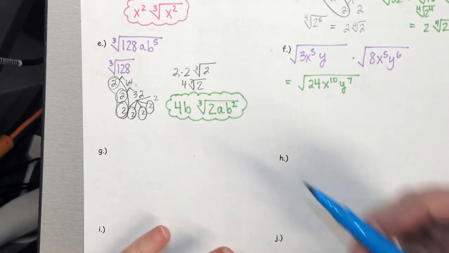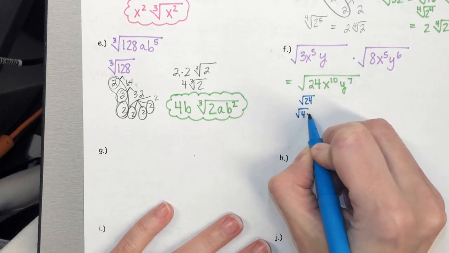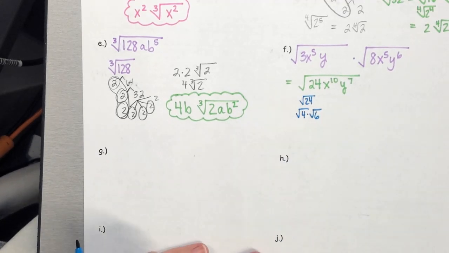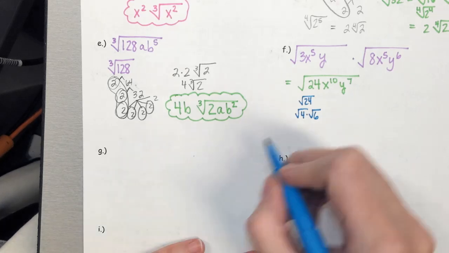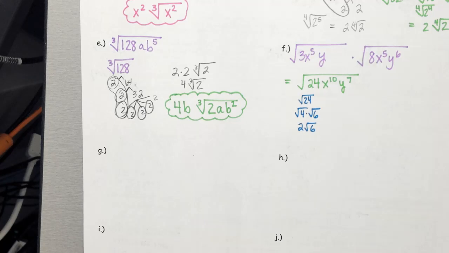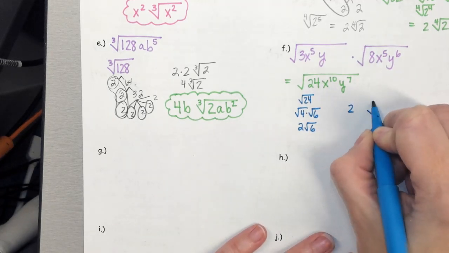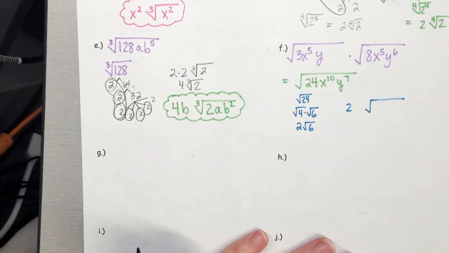And with numbers like 24, you can do your factor tree, or some of you are just going to know right away it's root 4 times root 6. So that should be 2 root 6. And then from there, we can go to our variables.